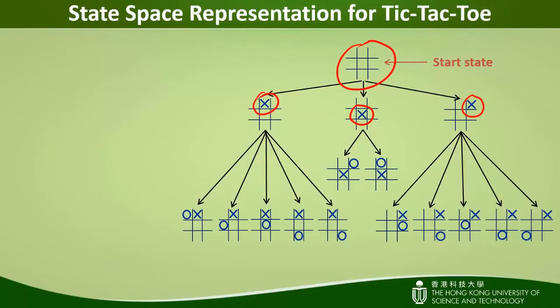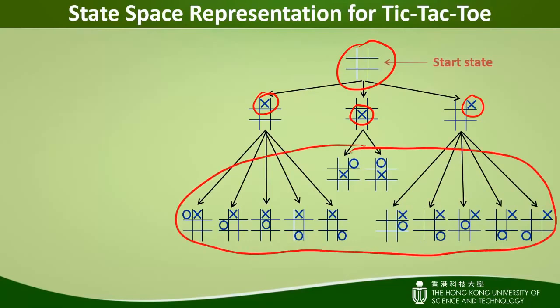The second move would be made by the player who has taken the circle. These are all possible moves for the second player after removing the symmetric cases. If we continue to go through all possible moves, the resulting graph will give us the state space.